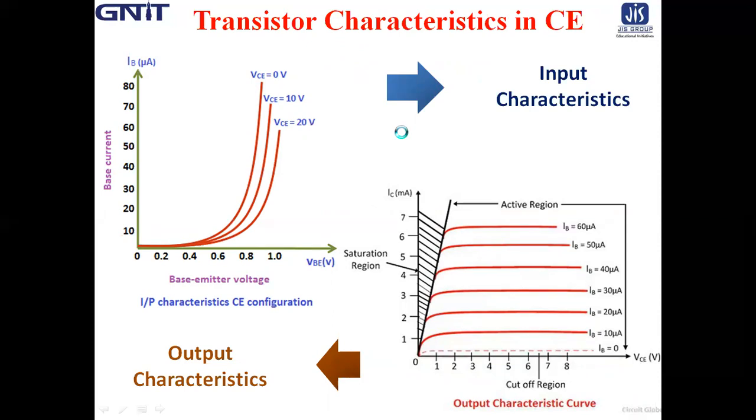For the case of input characteristics, we know that the curve is input current versus input voltage, where the input current is the base current IB and the input voltage is VBE, for a fixed value of output voltage, that is VCE.